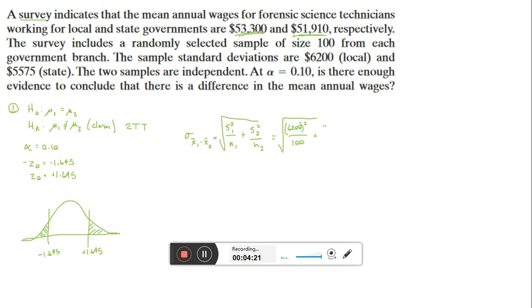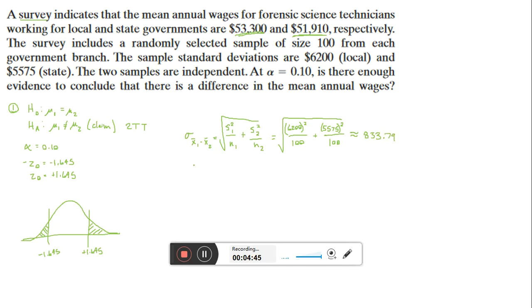The standard deviation for the state government is 5,575, and we are going to square that, also divided by 100 because that's how many people they surveyed. Simplify, and you should get a number that's approximately equal to 833.79, give or take.